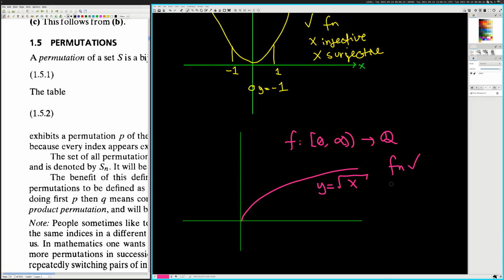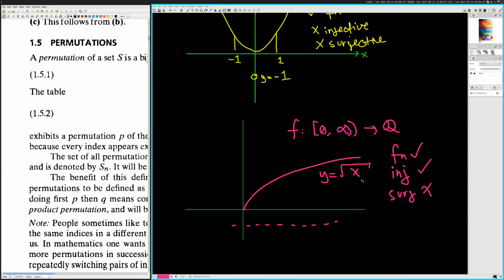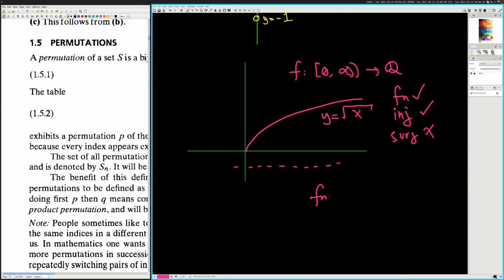It is injective because it's a one-to-one map, but it's not surjective because I can't invert any of the y values down here. Okay, so for determining if something is a function, you use the vertical line test.